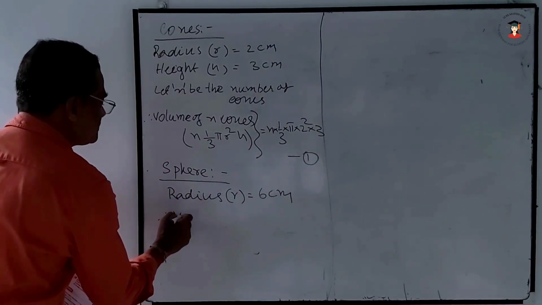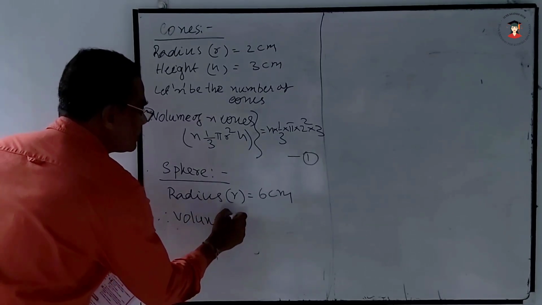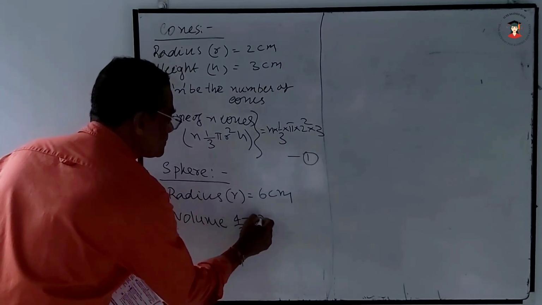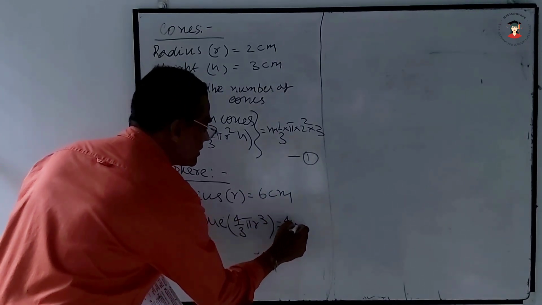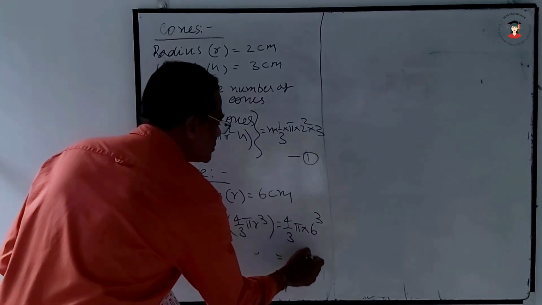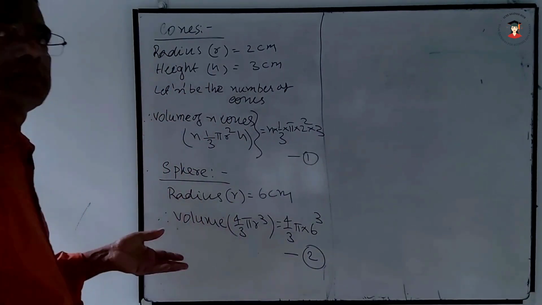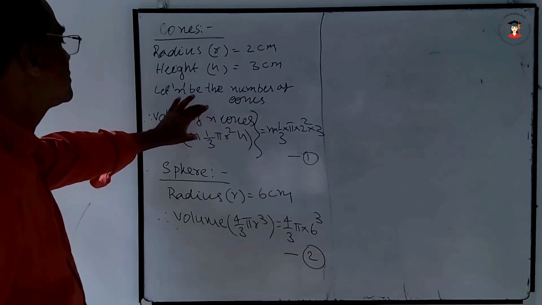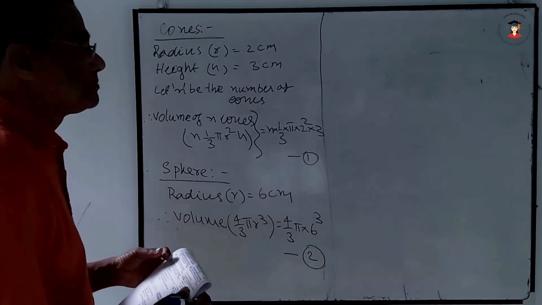Therefore, volume is 4 by 3 pi r cube, equal to 4 by 3 pi into 6 cube. Let it be equation number 2. The only thing now is equating 1 and 2, because this is the total volume before melting, and this is the total volume after melting.